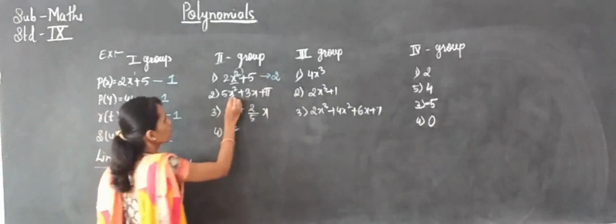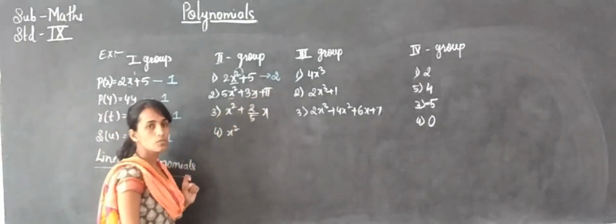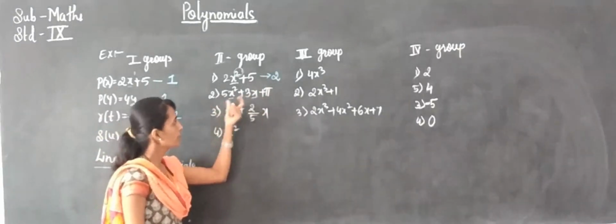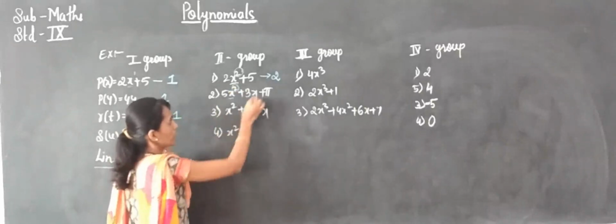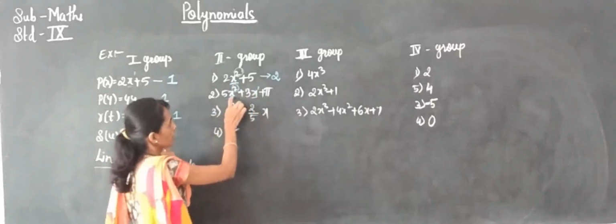Here x appears twice, in this trinomial with terms of x. Here the power of x is 1, and here x to the power 2.